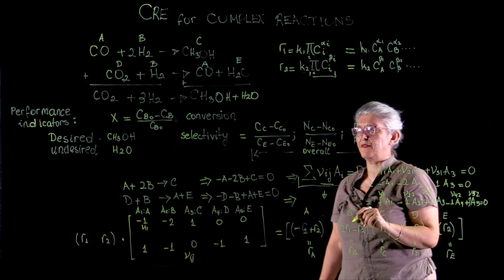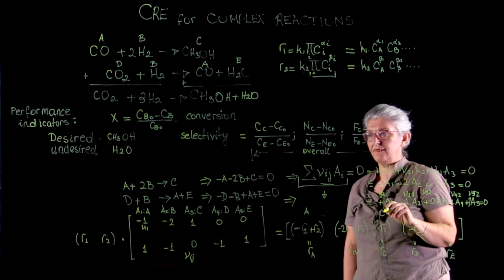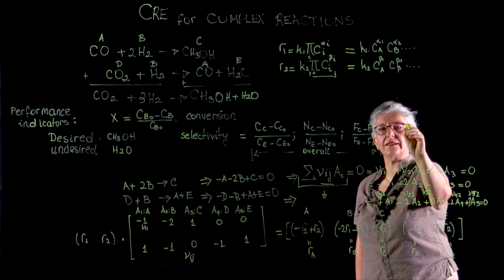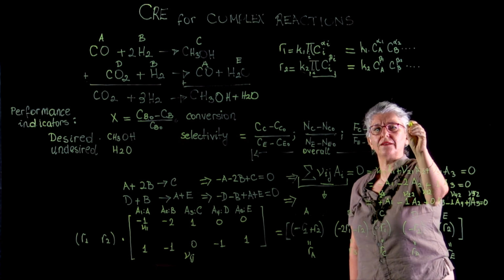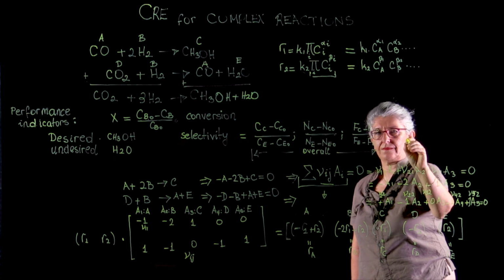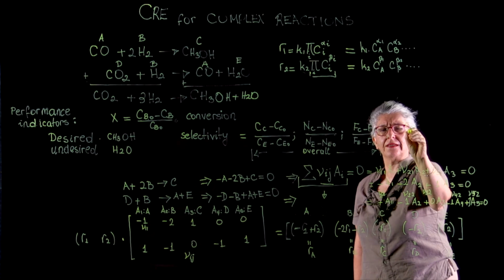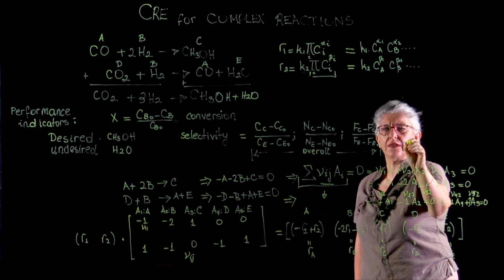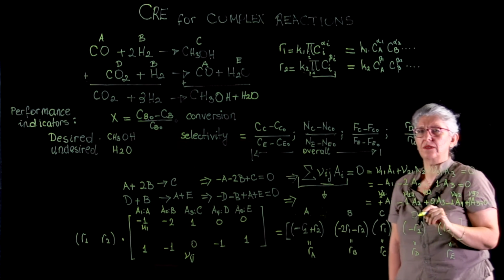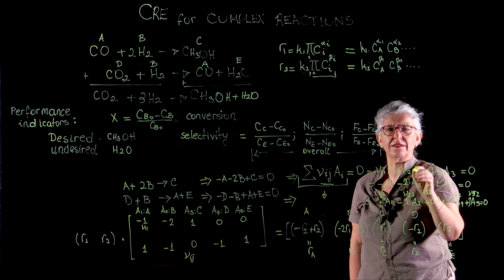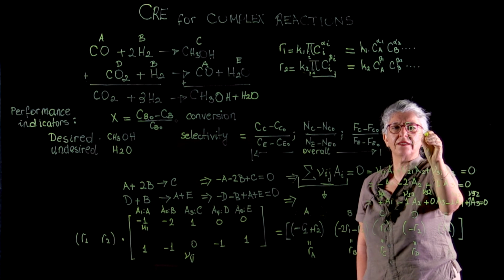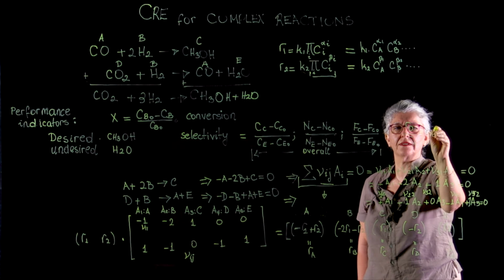Then we define the instantaneous selectivity, and it is related to the rates. R D over R U, the rate of the desired reaction to the rate of the undesired reaction. This is the instantaneous selectivity.